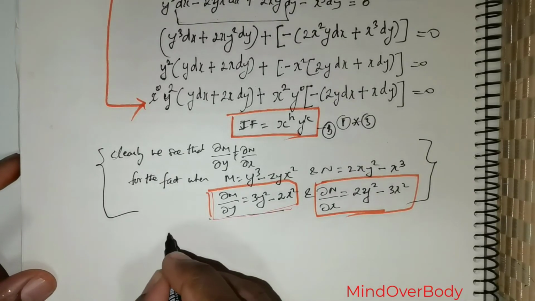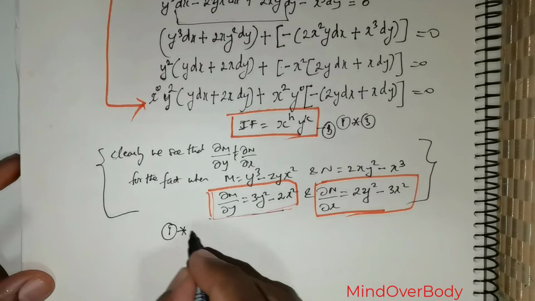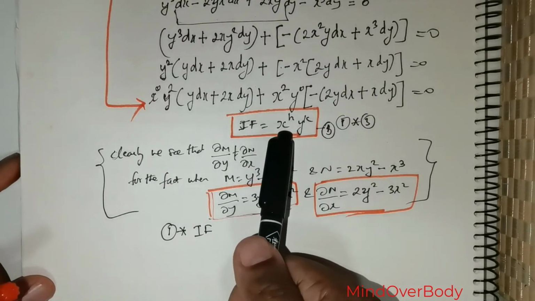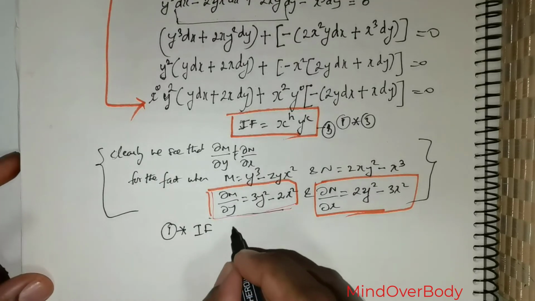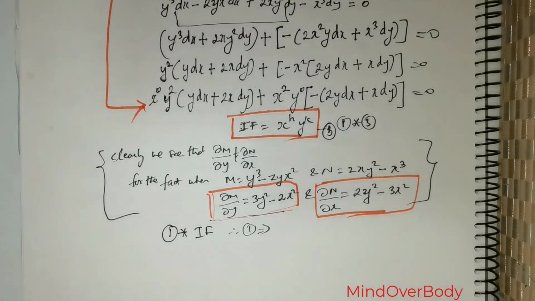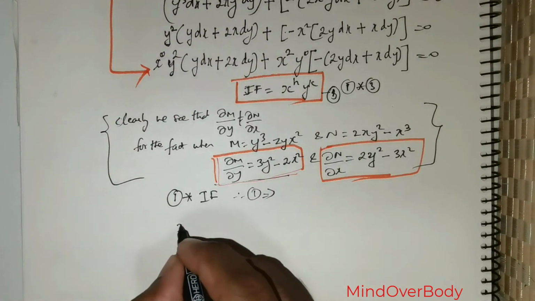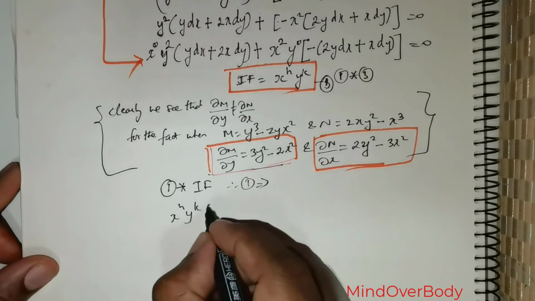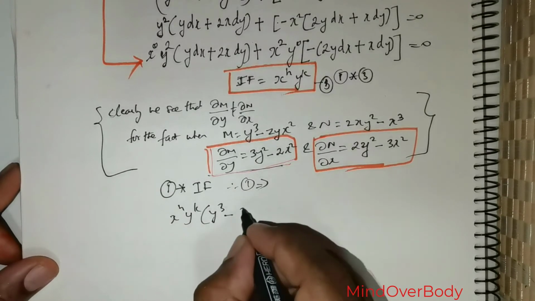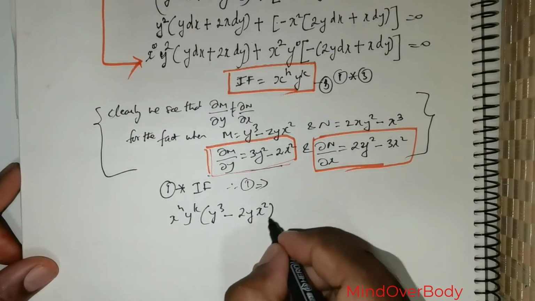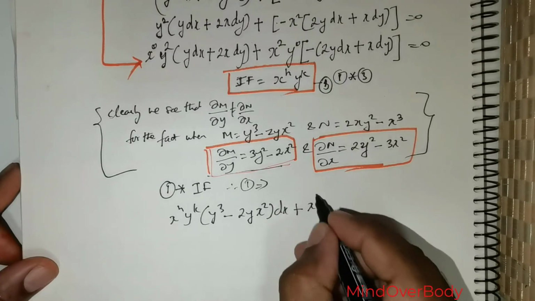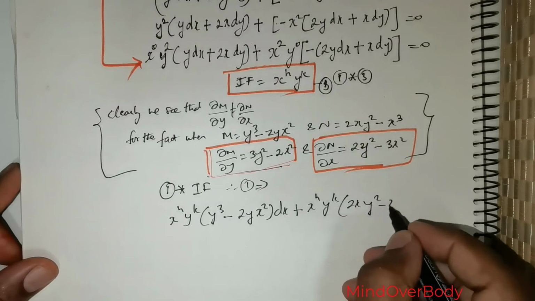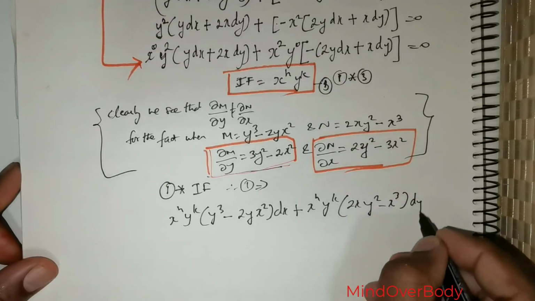Okay, so now what I'm going to do is take 1 and multiply by the integrating factor. What is that? x raised to the power of h times y raised to the power of k. So therefore 1 can be rewritten as x^h y^k (y cubed minus 2 y x squared) dx plus x^h y^k (2 x y squared minus x cubed) dy equals 0.